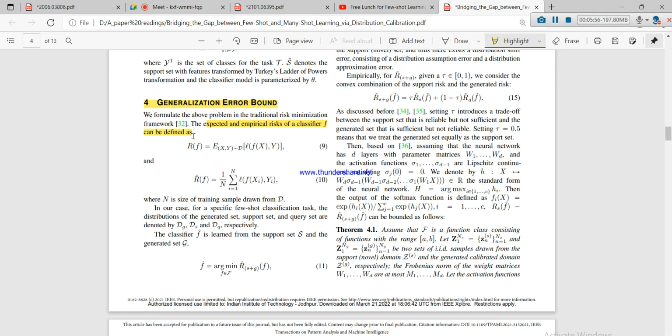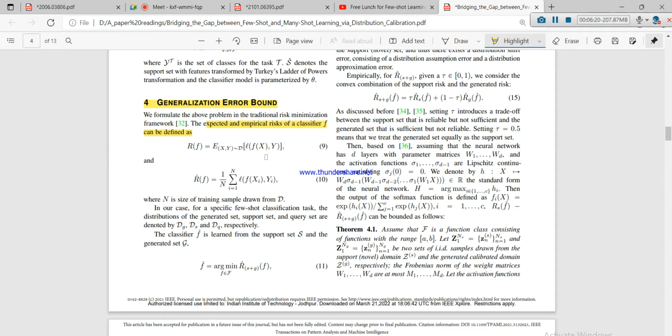Here they are doing traditional risk minimization, and we know how to do risk minimization. We use this concept of expected and empirical risk. This is the expected risk, and this is the empirical risk.